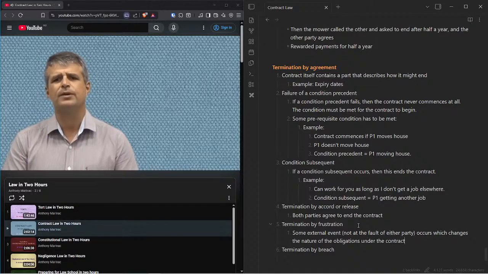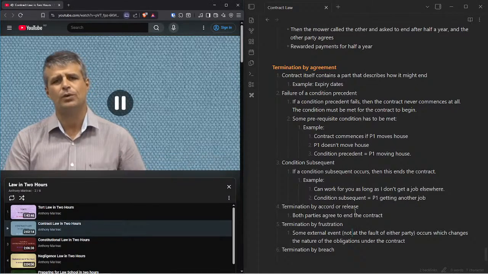This is one of those concepts that's a lot easier to understand with an example. If we have a contract for you to mow my lawn and an alien spaceship comes down and blasts my house out of the ground, there's a huge crater there. Well, there's no lawn to mow. The contract is terminated by frustration, right?